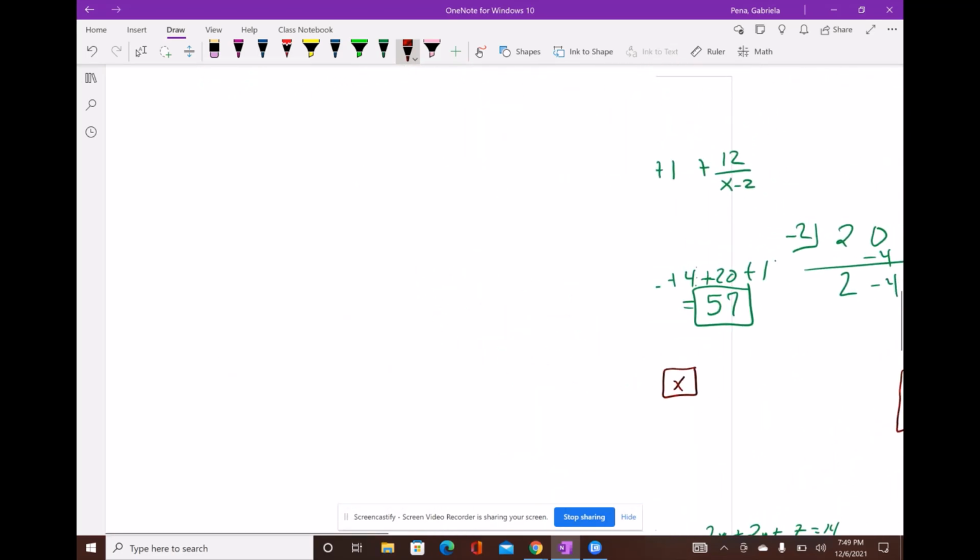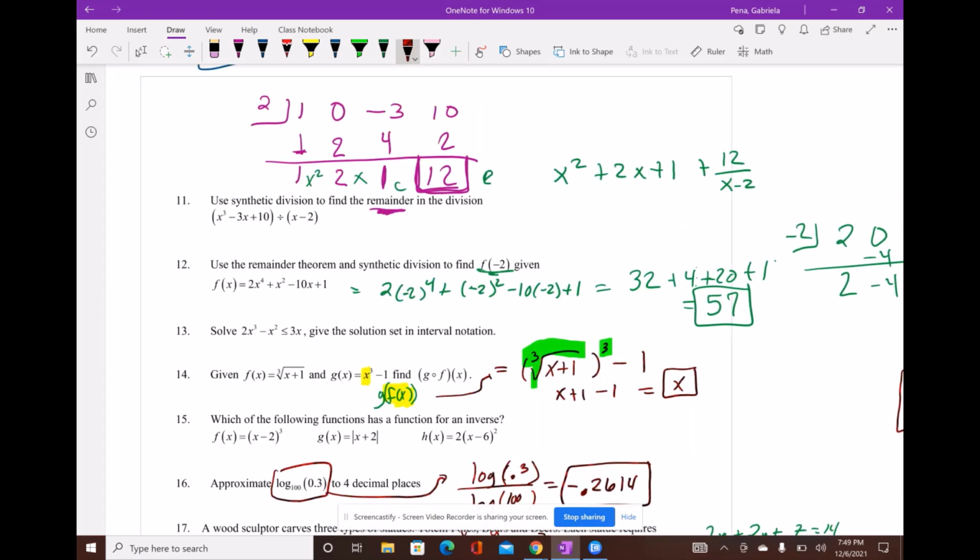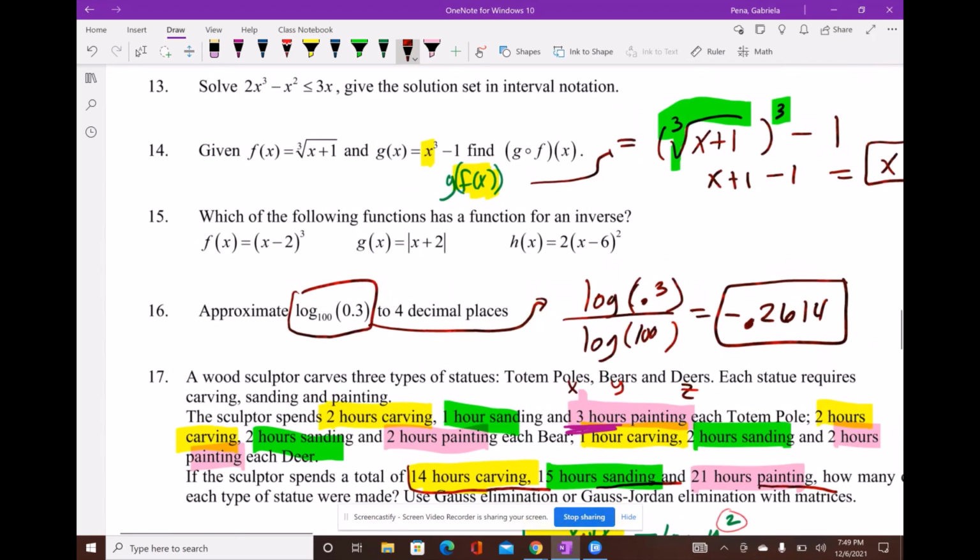And which was the other one that we skipped? 15. A cubic function goes like this.